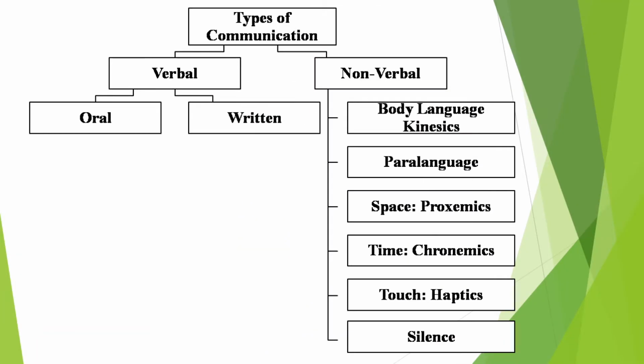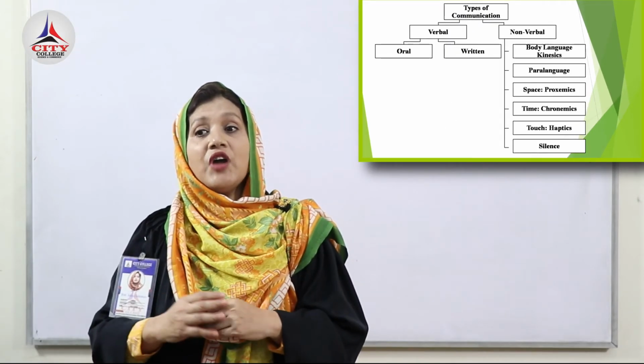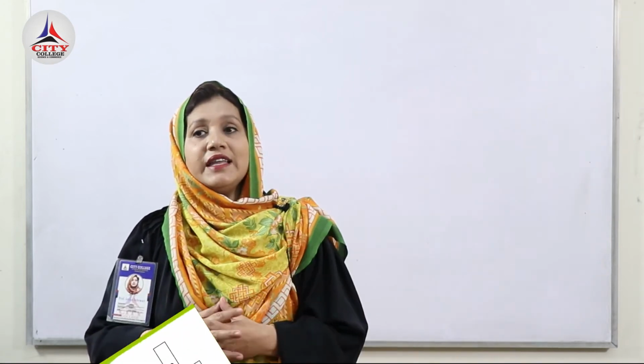Now, here is a tree for describing various subtypes of communication. Verbal is further divided into oral and written, and non-verbal has the following 6 types: body language, kinesics, paralanguage, space or proxemics, time or chronemics, touch or haptics, silence.